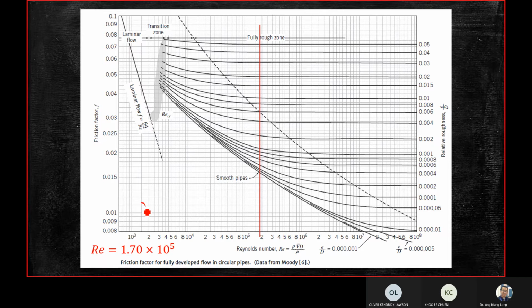This point is 1 times 10 power 3, then this one is 2 times 10 power 3. So what do you think this line means? What does it represent? This line, this location, what does it mean?